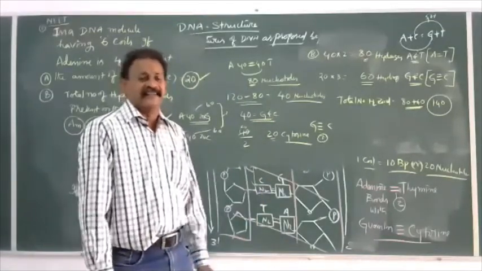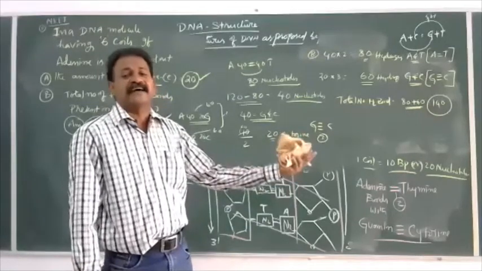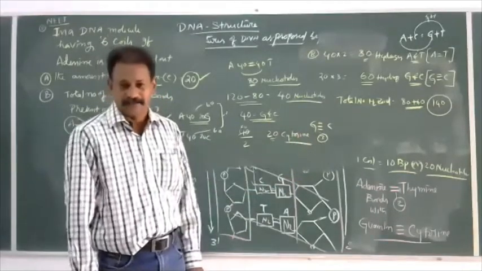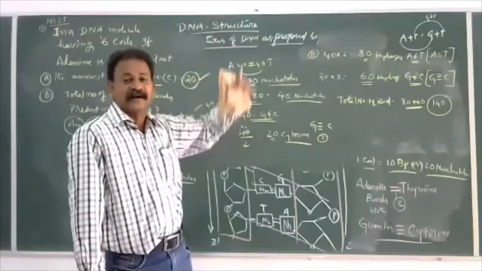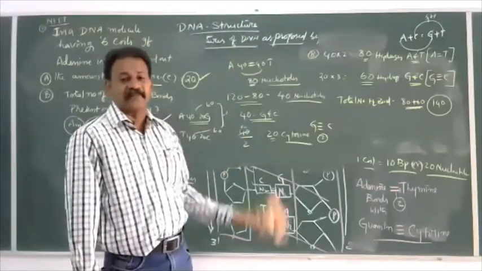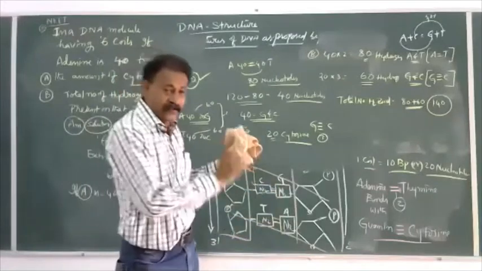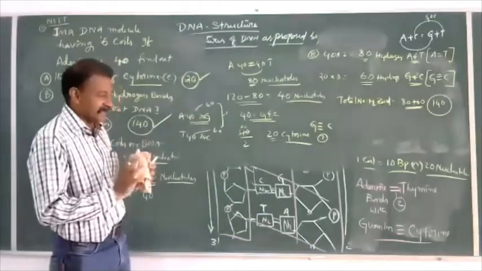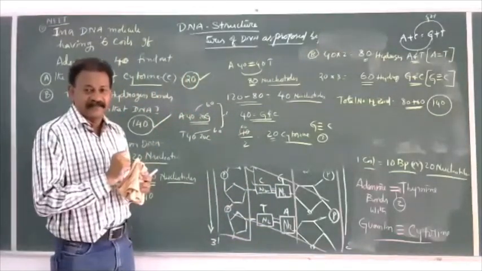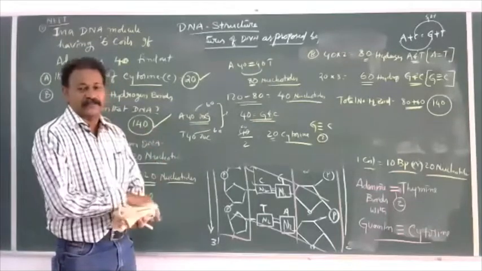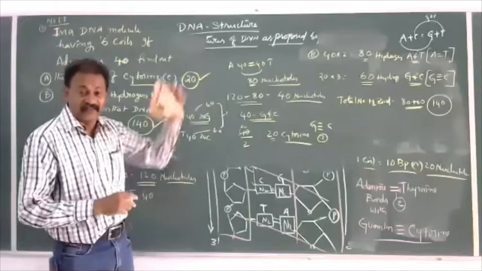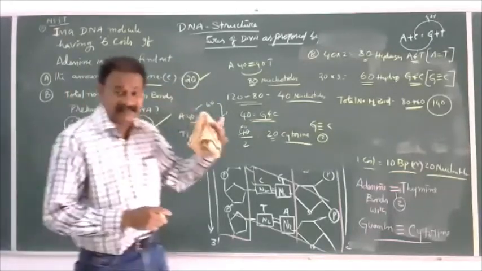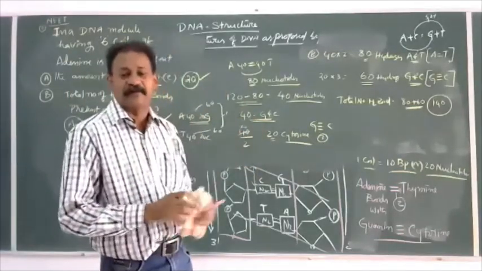Like that, if 5 coils are there, 5 into 34. Or if they give length of the DNA 760 angstroms or nanometers, divide by 34. So you have to get that idea to catch how to answer a particular question. Out of the 4 options, which is the correct option? And out of the 4 correct or wrong sentences, which is correct and which is wrong?